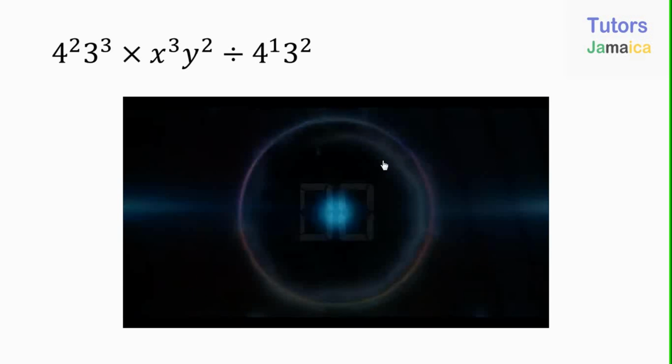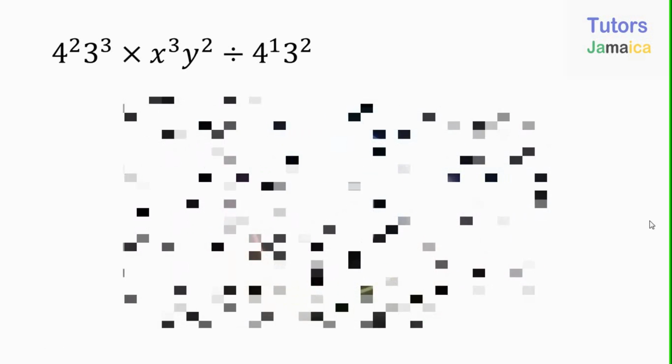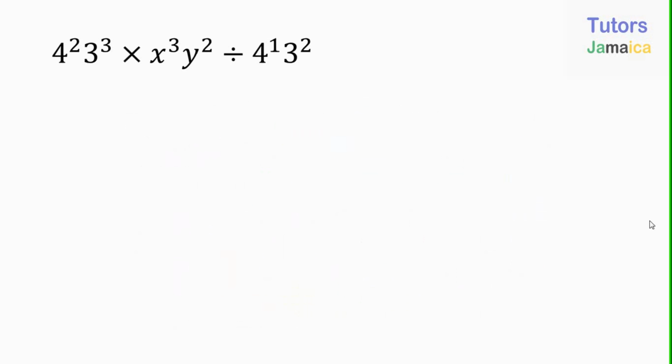Okay, so let's look at this one. Alright, so we can work out the numbers. You can just work out the numbers and get some huge numbers, but the numbers have a similar structure. The numbers are the same, and because of that, we can still use the laws of indices that I have explained to you to work them out without having to get into these huge numbers.